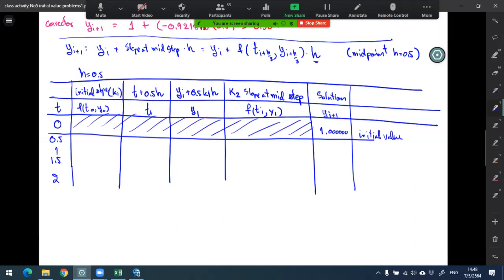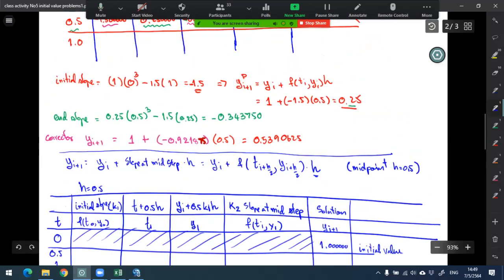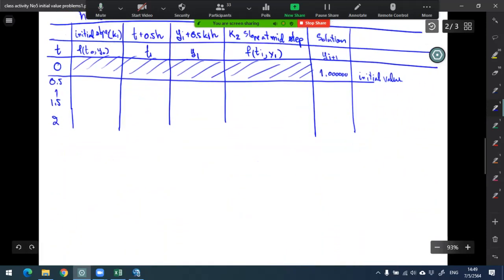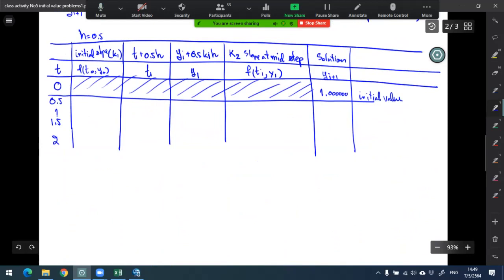After that, we use this initial value to solve for the initial slope first. And the initial slope we already did from the previous method. Actually, it is the same. Initial slope is equal to minus 1.5.